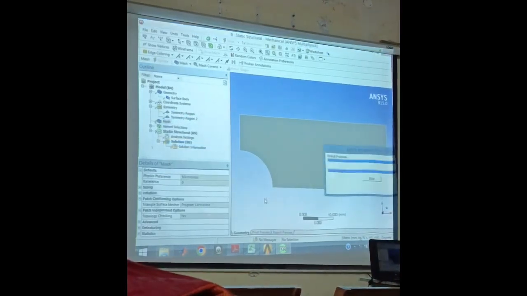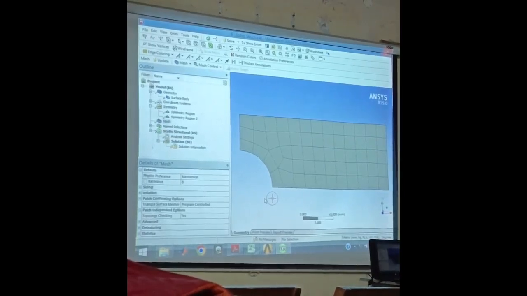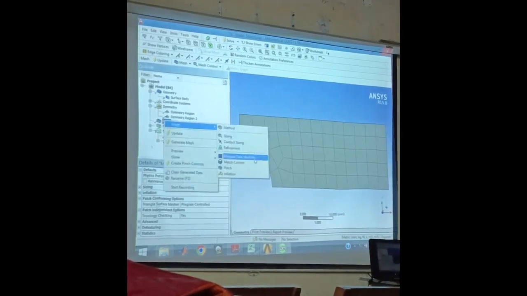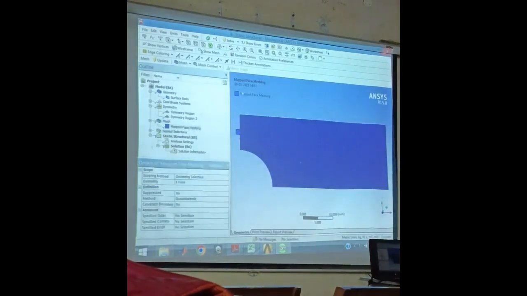It is the default mesh. Here I am getting the mesh. Maybe your version will get better quality of mesh, but I am not getting good quality of mesh because it's an old version. In your version, if you click mesh, you will get a better quality mesh. Anyway, I am doing some modification, say map face meshing.